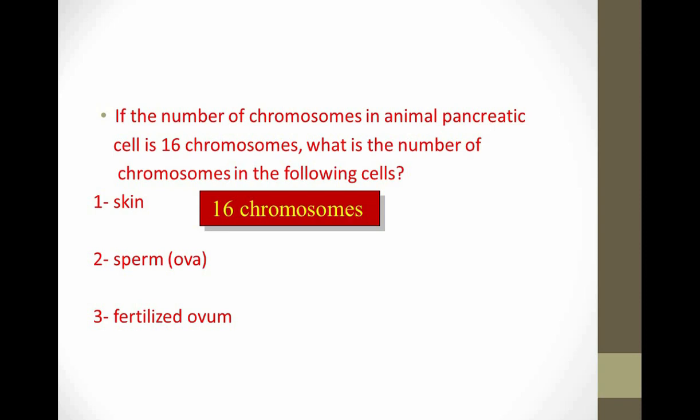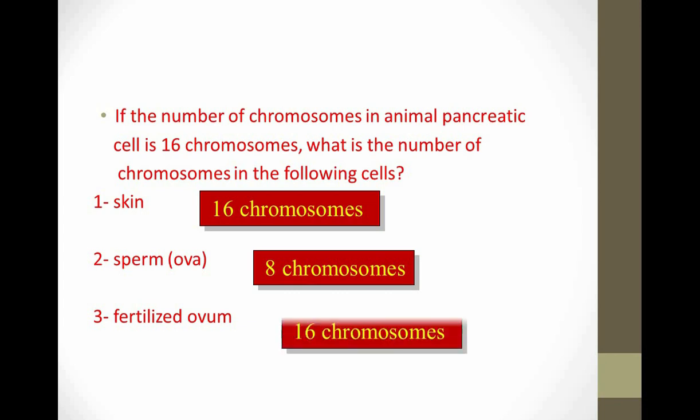Gametes contain n, or the haploid number of chromosomes, so they contain half the number of the pancreatic cell, which means 8 chromosomes. Number 3, fertilized ovum. A fertilized ovum means an ovum after fertilization by sperm, so it equals the somatic and reproductive cells, so it contains 16 chromosomes.